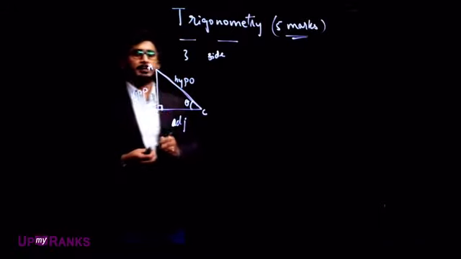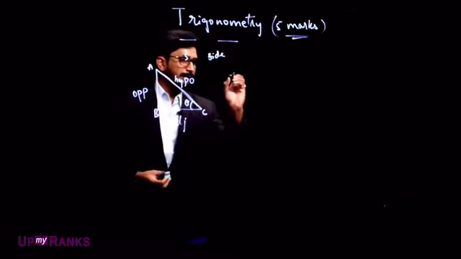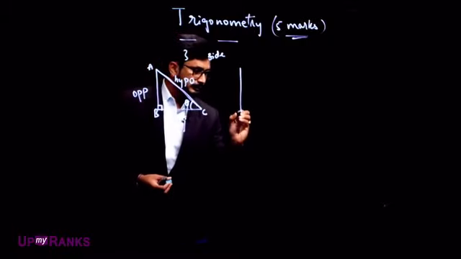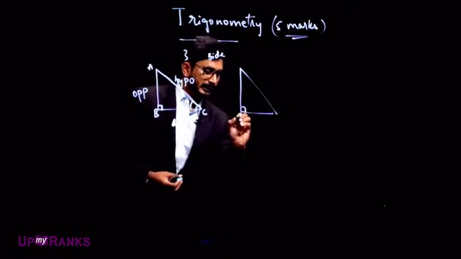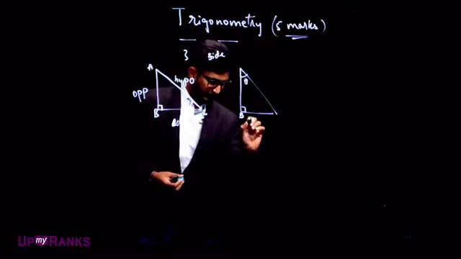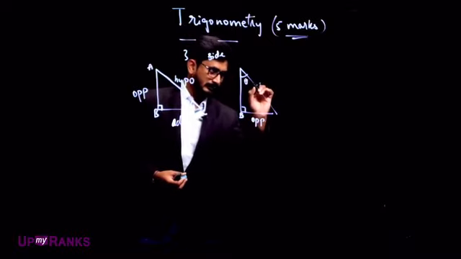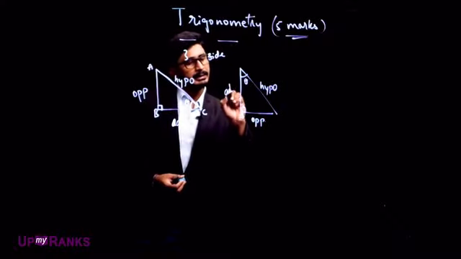Similarly, I can mention it like this also. If this is 90 degrees and this is angle theta, this will be our opposite side, this will be our hypotenuse, and this will be our adjacent side.